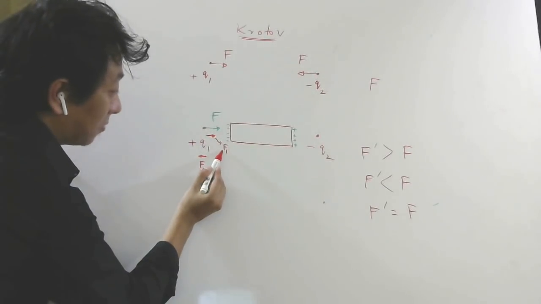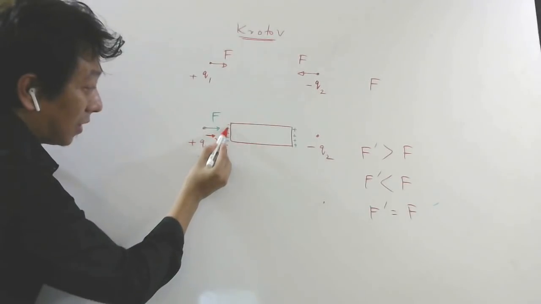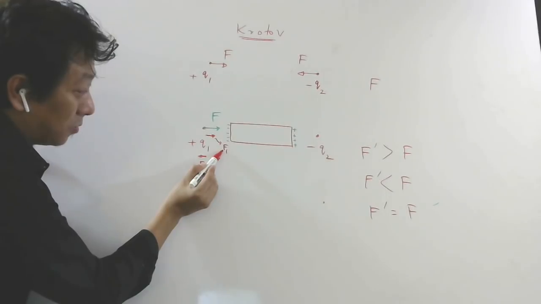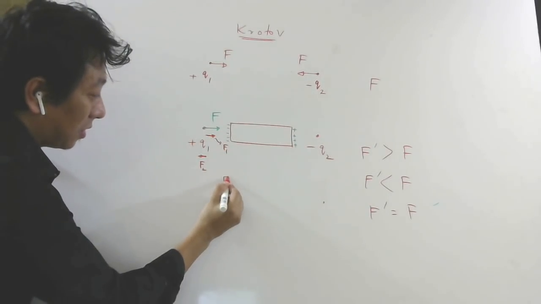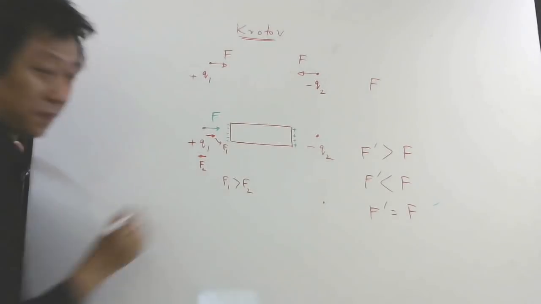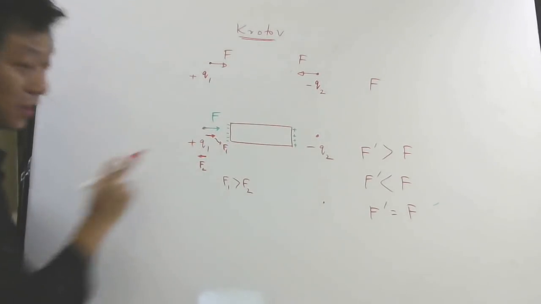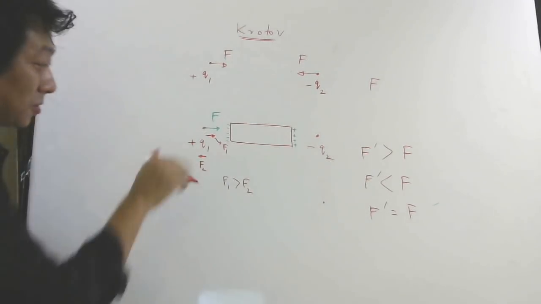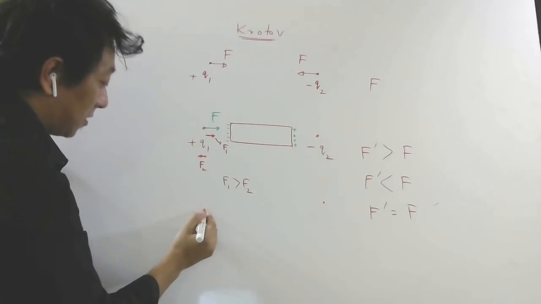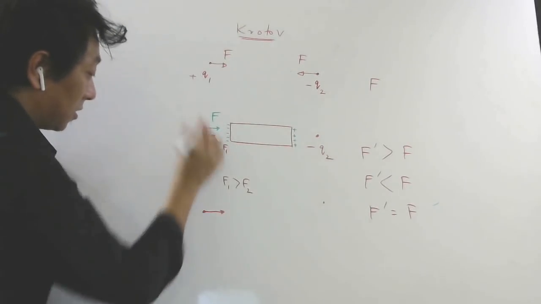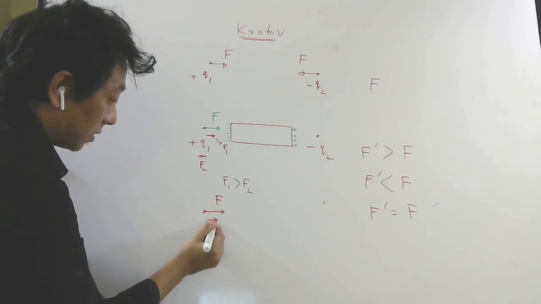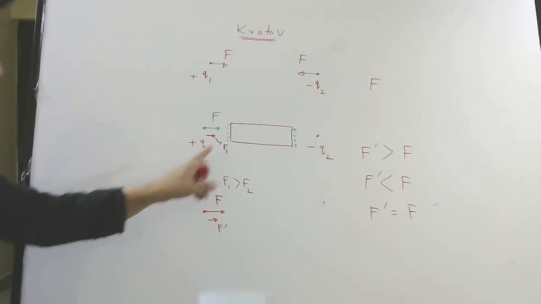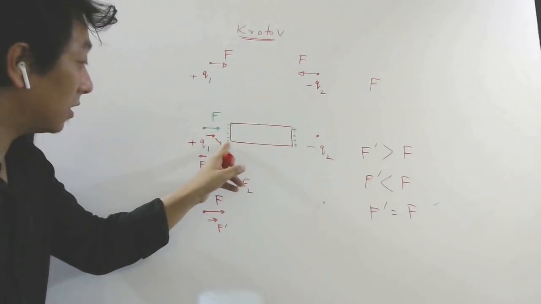My question is, is F1 bigger or F2 bigger? The minus charge is nearer to plus Q1, and this is the force because of minus. Therefore, we know F1 is bigger than F2. Since F1 is bigger than F2, the resultant of F1 and F2 will be on this side only, right? So besides this force, there will be another force, which I can call F dash, which comes because of the induction, because of these induced charges.